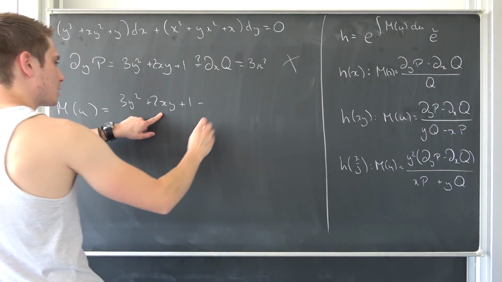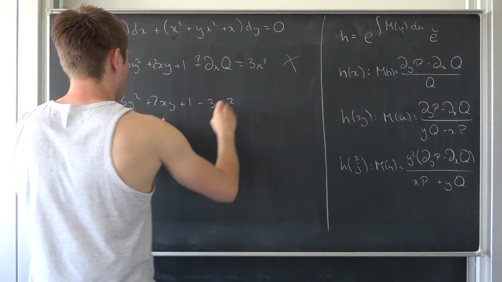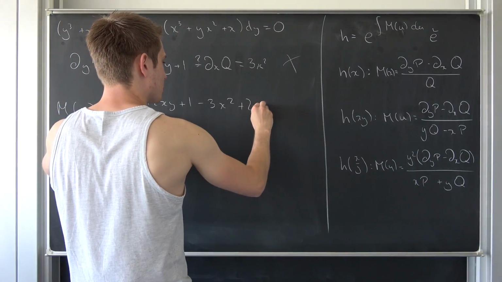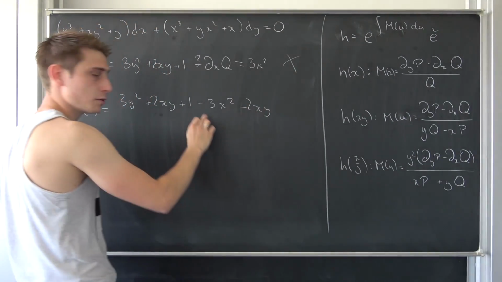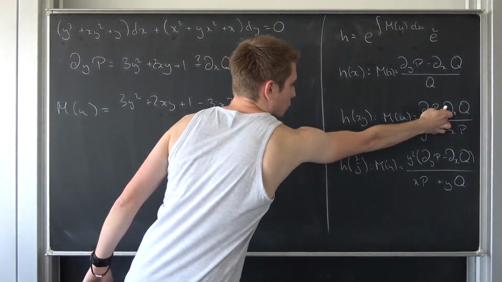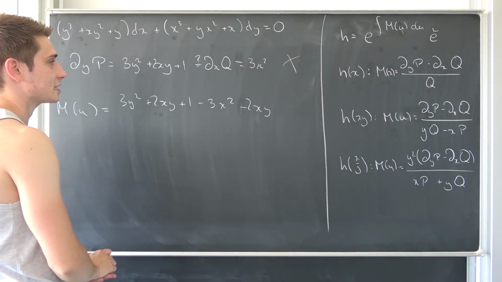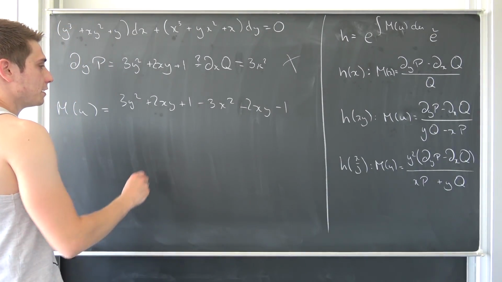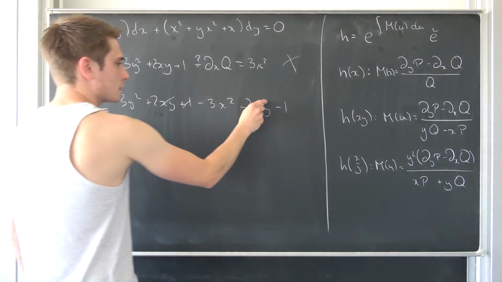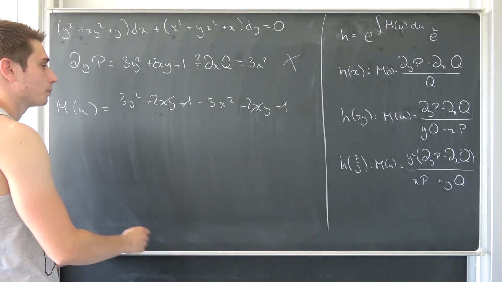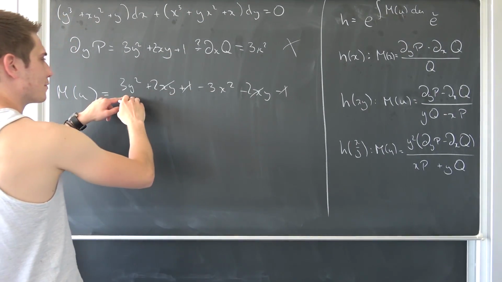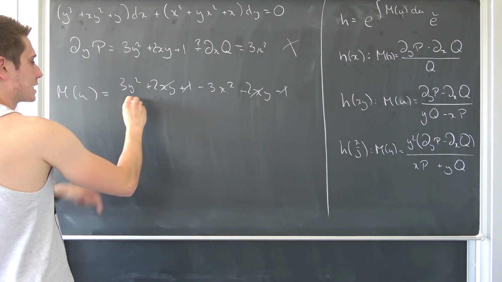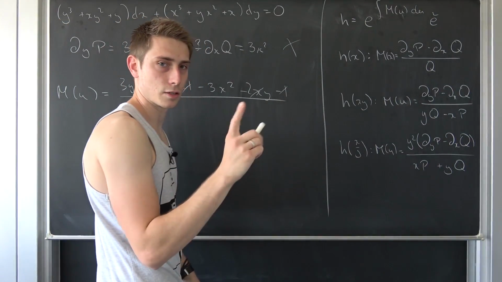It's nice and symmetric, like I said, so we are going to get 3x squared plus 2 times xy, but with a negative sign, because we're going to take all of those parts in del x q as negative, and then negative 1. You might notice that this and that is going to cancel out. Also, we can factor out the 3, and then we have y squared minus x squared. But this is for another time.